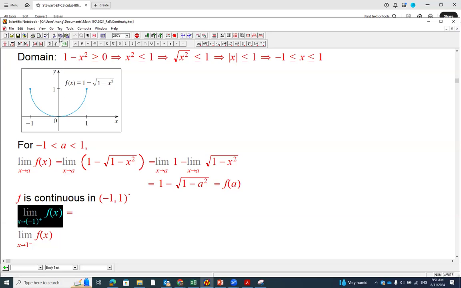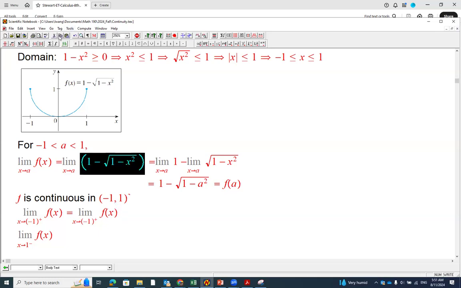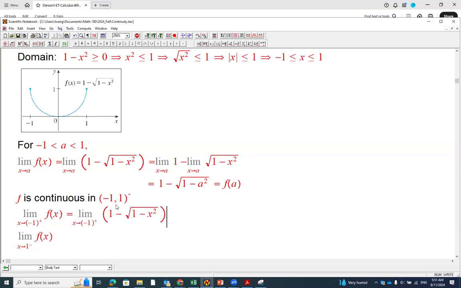So now what do we get? Limit from the right at -1, right? So our function is this piece. As x approaches -1 from larger values, we can also directly plug in, right? So this is going to be 1 minus the square root, and we're going to replace x by -1.